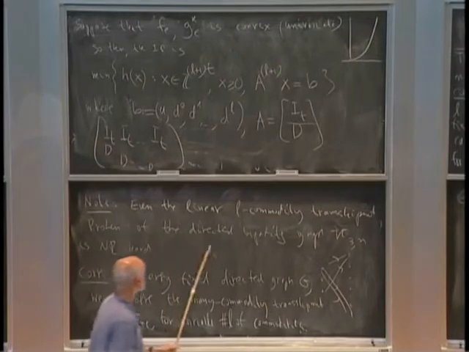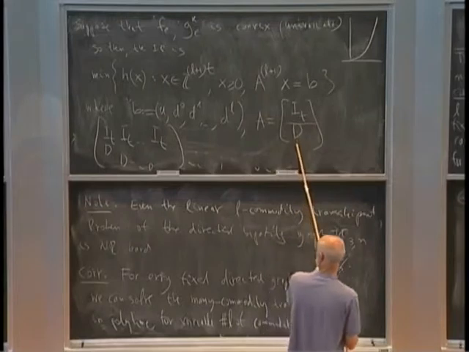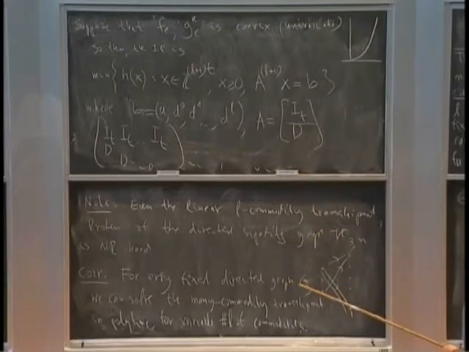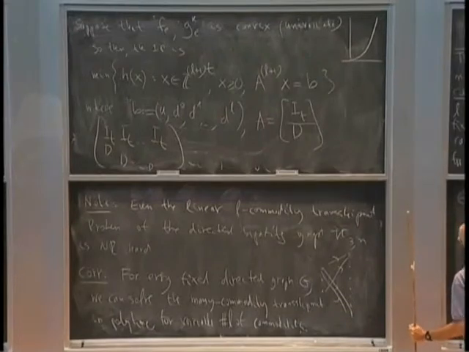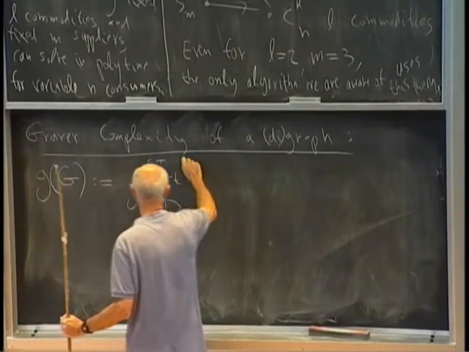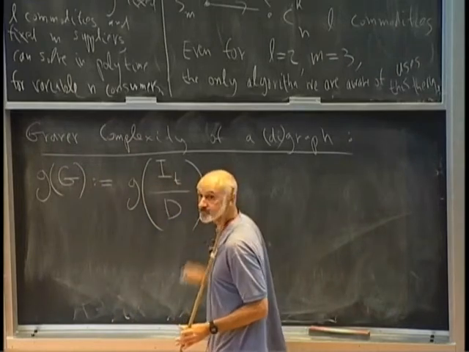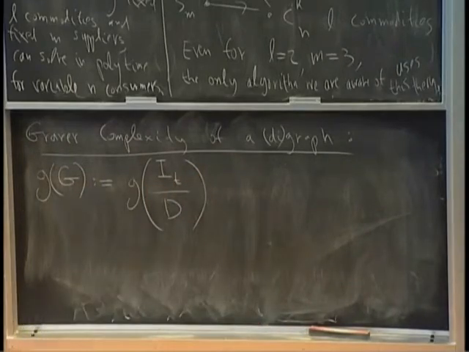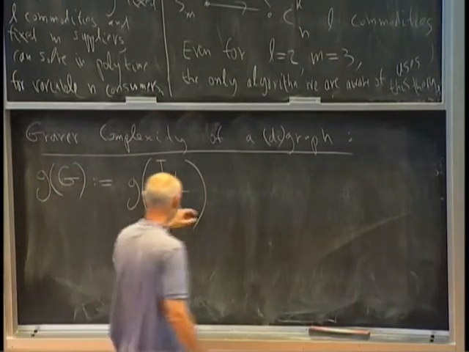And so now it's very natural, if you have the incidence matrix of some directed graph or graph, you simply define the Graver complexity of the graph or directed graph G to be the Graver complexity of the bimatrix where the second block is the incidence matrix of the graph, and the first block is the identity of order the number of edges of this directed graph.